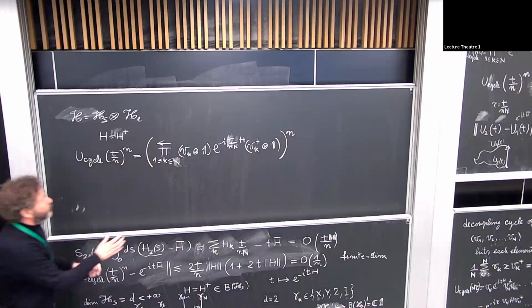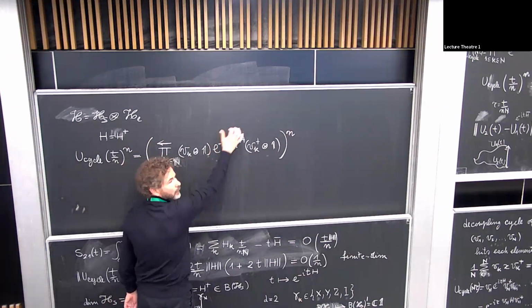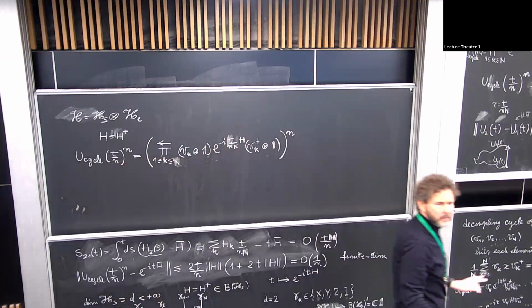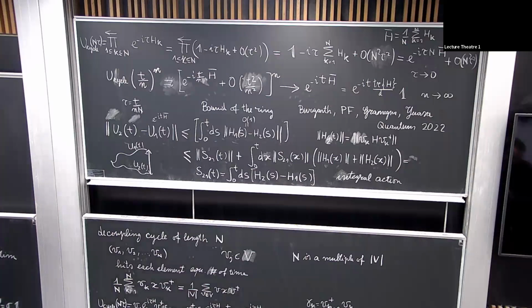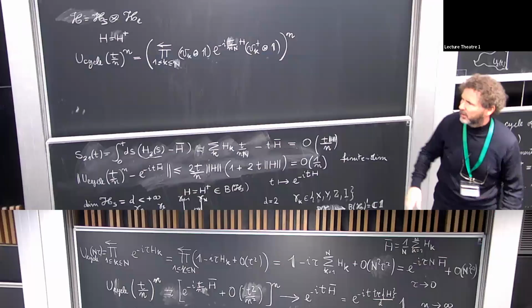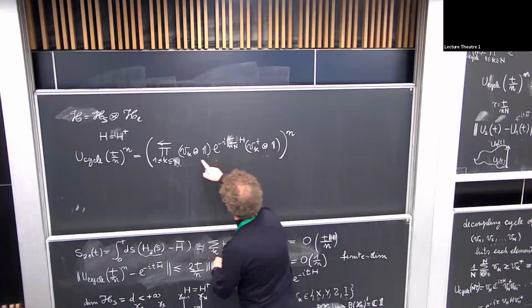Again, as I told you before, this adjoint action can be moved onto the exponent, no problem. Essentially, you're just unitarily rotating the domain of your Hamiltonian. Everything works perfectly.